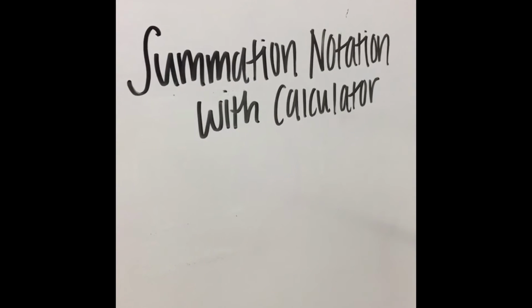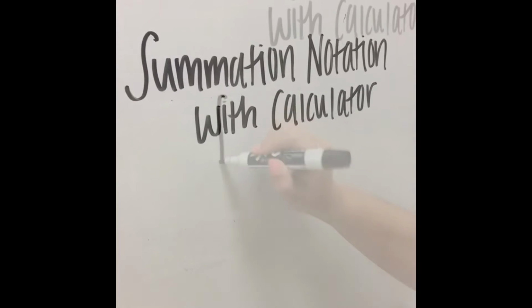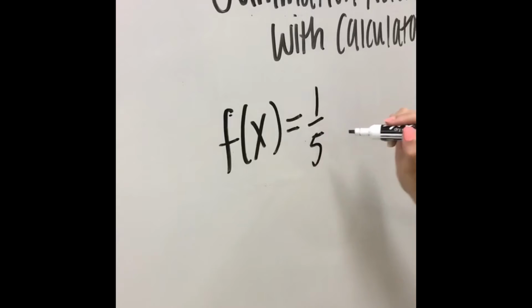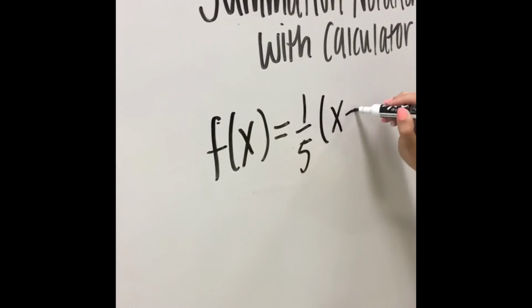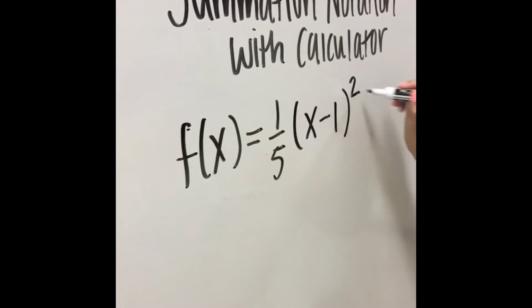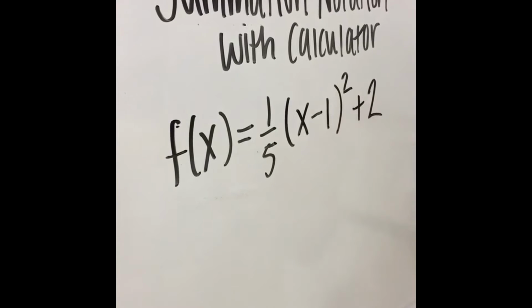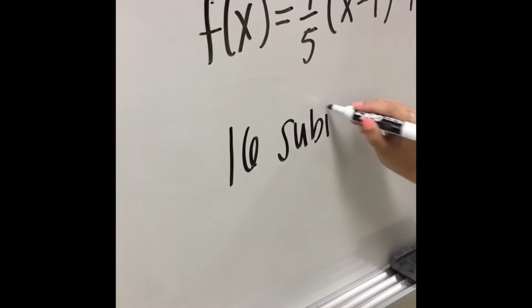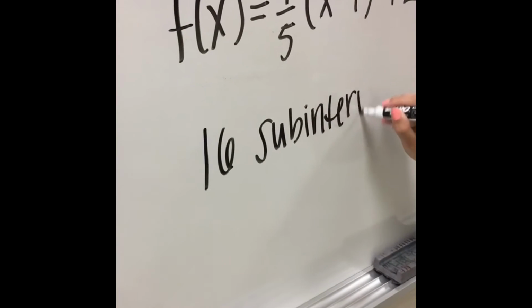Now we are going to show you how to do summation notation with a calculator. Our function is the same one as before. This time we're doing 16 subintervals, which is why we're using a calculator, because that's way too much to do by hand.